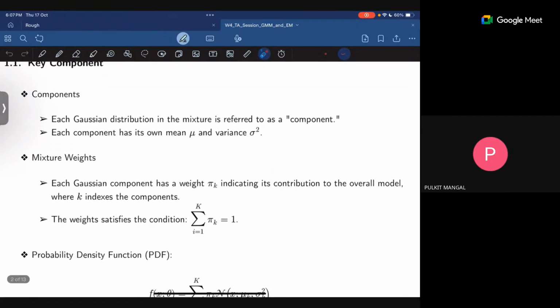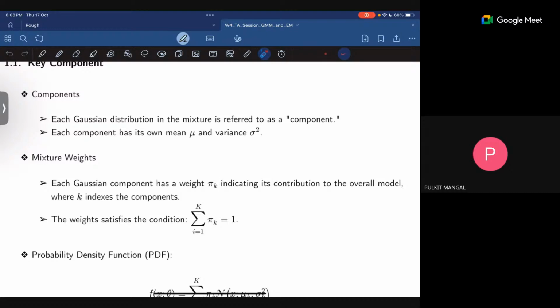The next thing is the mixture weight, which is the probability with which we will choose our component. That probability is denoted by pi k.